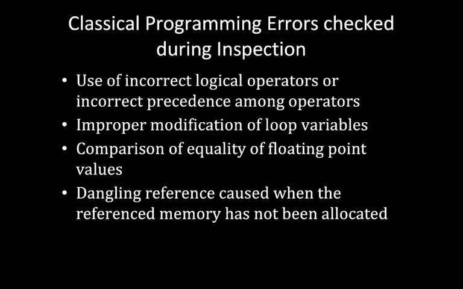All these are programming mistakes made by the developers. So we will list out all these mistakes, and this checklist will be given to all the people, and they will check whether any of these mistakes are committed. So this is also a code review technique. We call this code inspection.